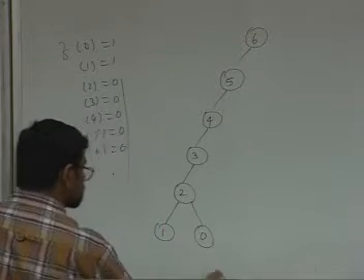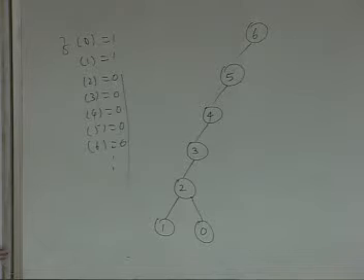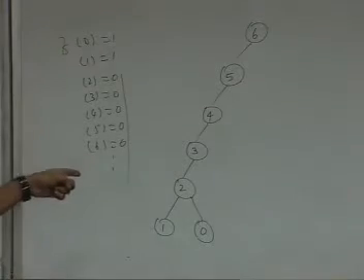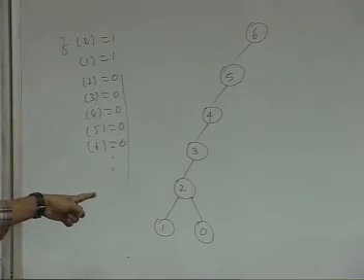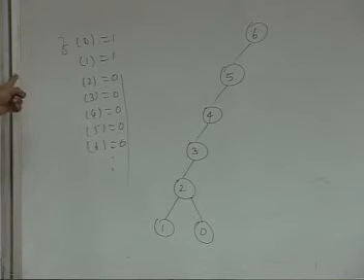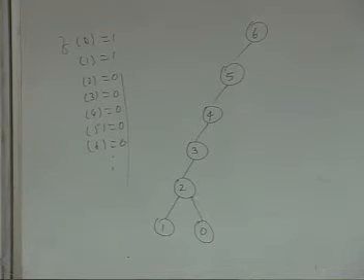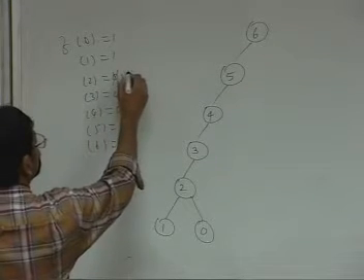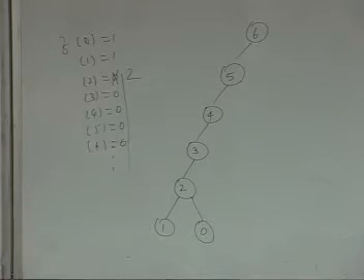1 is returned, another recursive call is made, and this also returns a value. Now I am able to compute 2, and when it is computed, I immediately store it. So I now make this into 2.